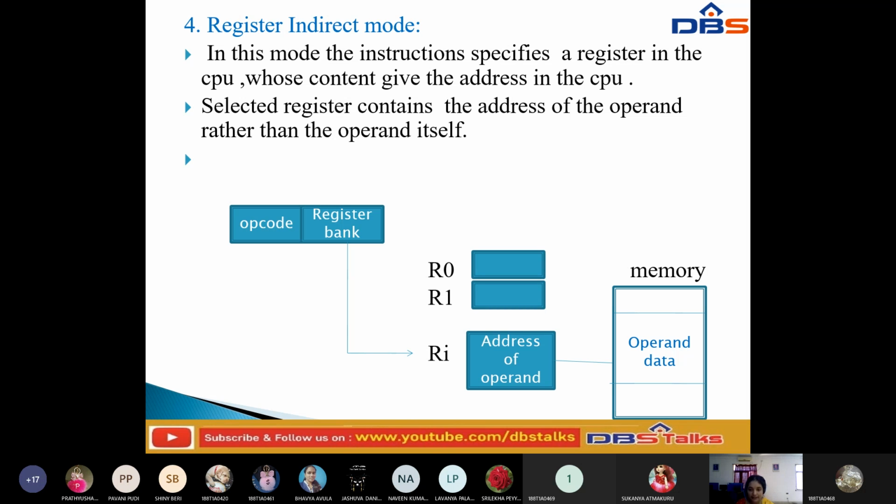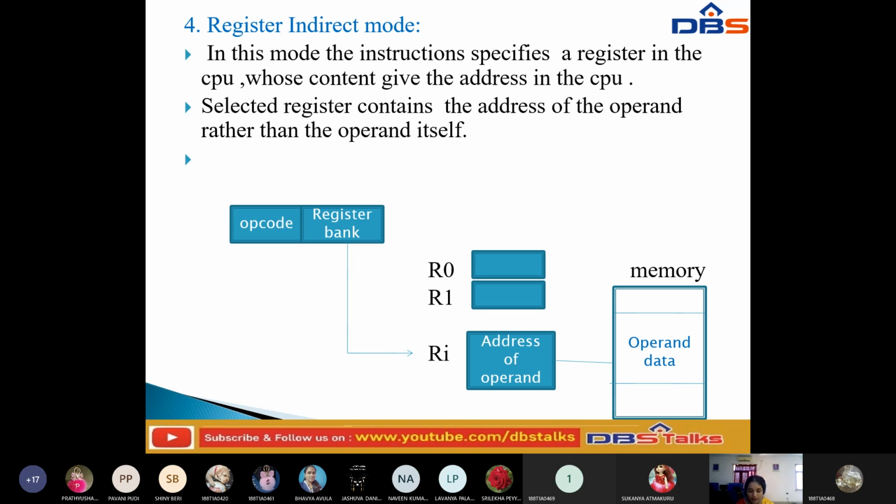If you see the diagram, we can understand it very easily. Here we have the opcode and the register bank. The values we specify are stored in the registers R0 to Ri. In this Ri we have the address of the operand.